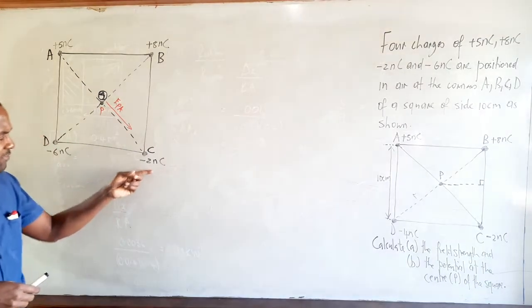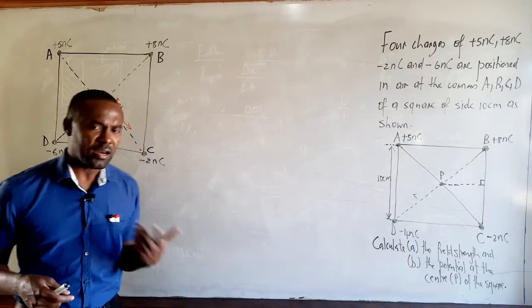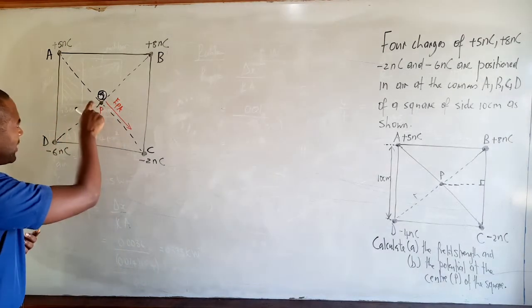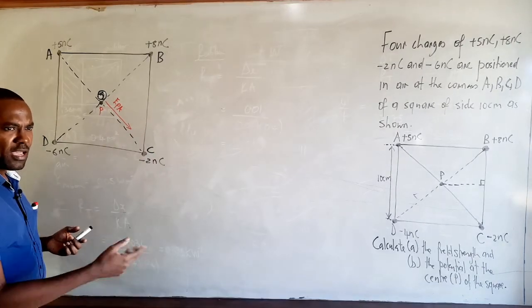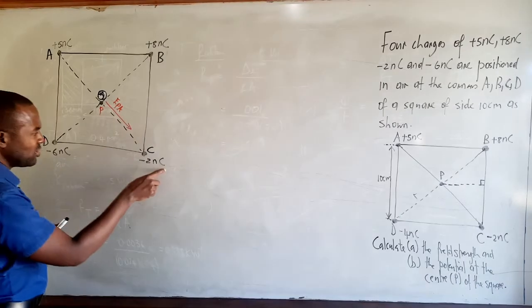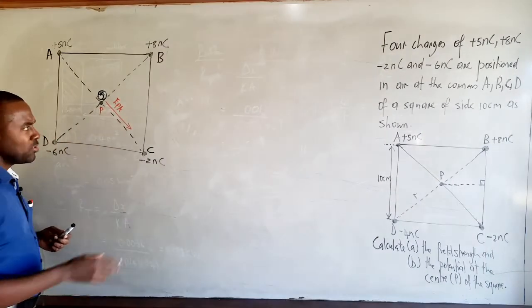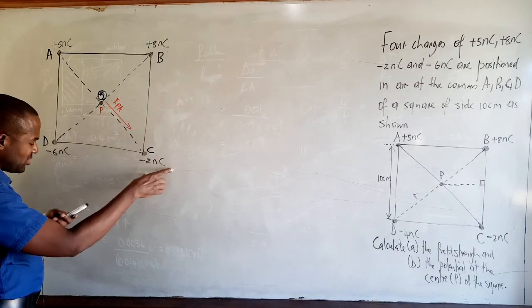This is a negative charge and the test charge is positive, and we know that unlike charges attract. Therefore, it would move towards C, which tells us that the field strength at P due to the charge C will also act in this direction.